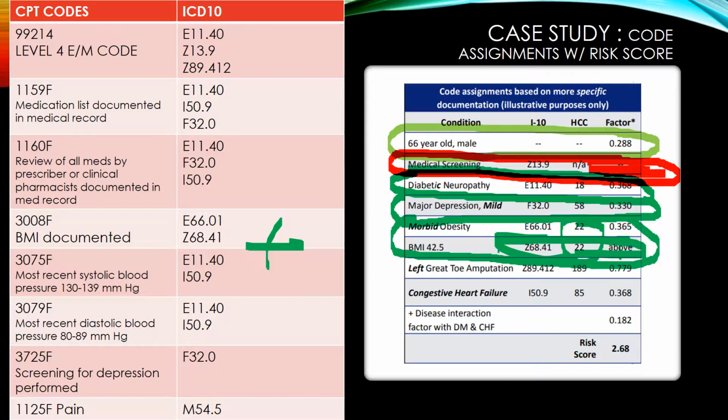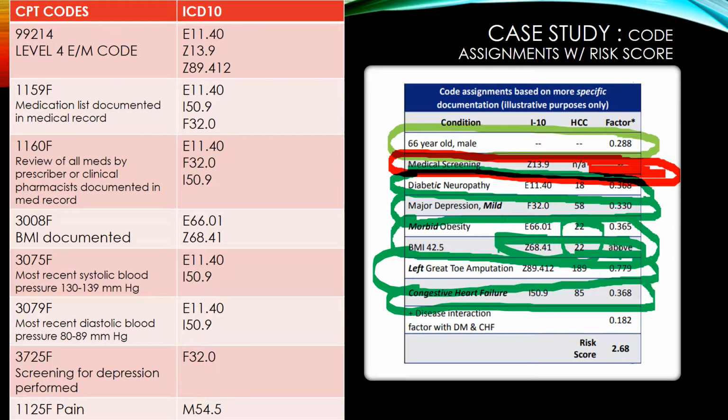You also have the left toe amputation, which is a status code, Z89.412, category 189, and the risk factor is 0.779. Then you have CHF, which is I50.9, category 85, 0.368 risk score. Just because the patient has diabetes and CHF, it automatically gives you an extra 0.182 because it's a disease interaction.